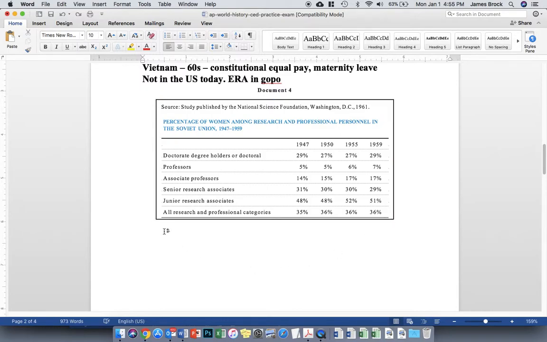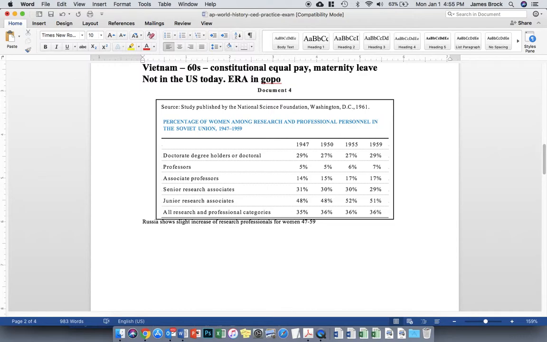Okay, so we say here Russia shows a slight increase of research professionals for women, but we need to pay attention that it is 47 to 59.